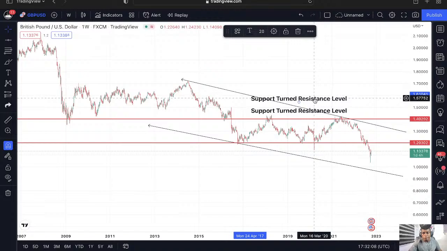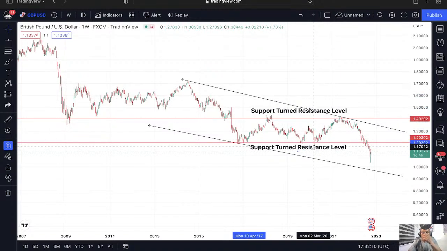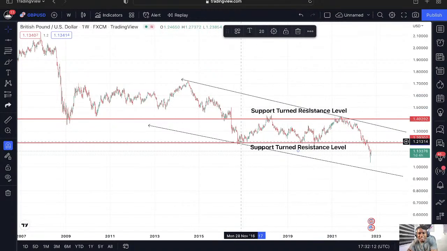This level is another support turned resistance, because when you look at it, price came down here and finally broke out of this level. So this support has already experienced a breakout, which means if price is coming back to that level that was previously a support, it will now be acting as a resistance level instead of a support. All right, good.